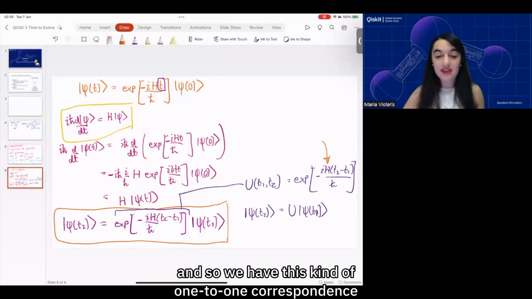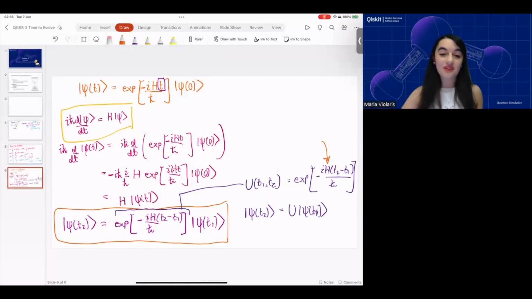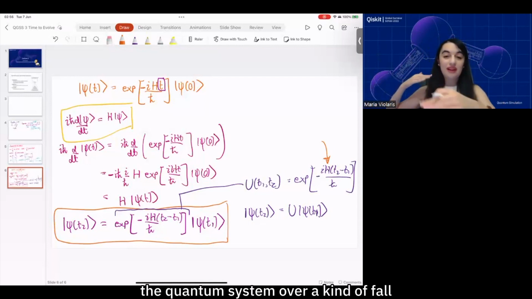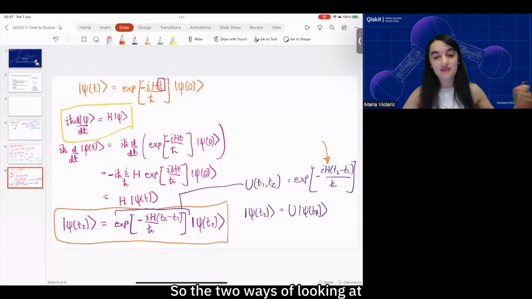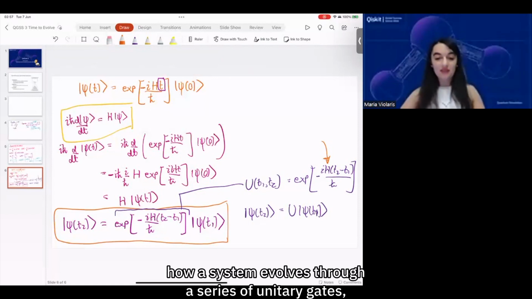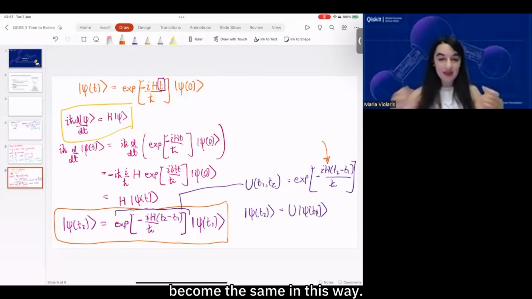And so we have this one-to-one correspondence between the unitary gates and the Hamiltonians that describe the quantum system over a continuum of times. So the two ways of looking at how the system evolves, through a series of unitary gates or by solving the Schrödinger equation between two times, become the same in this way.